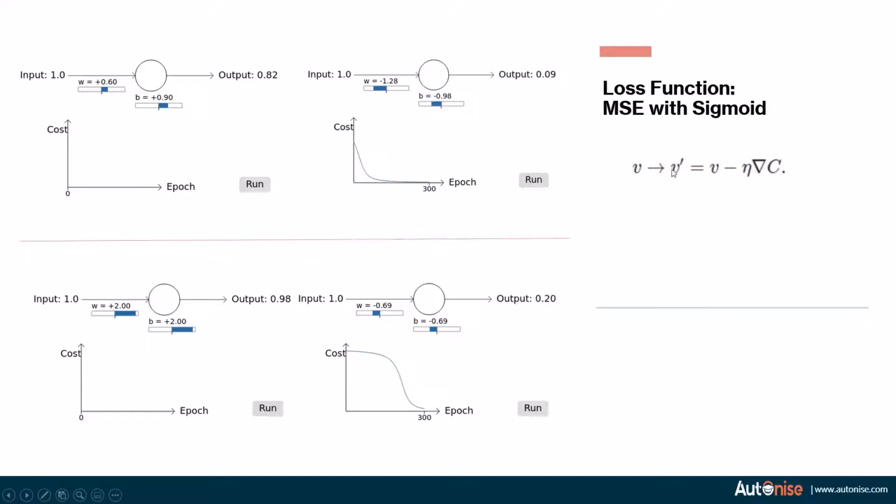Now let's have a look at the weight update rule. If the weights are not changing initially, it means that eta times the gradient of C is very small. As we have kept the learning rate the same in both the simulations, we can take out the learning rate factor. So what it means is that the gradient of the cost with respect to the weights is small during our second simulation, while it's large during our first simulation.